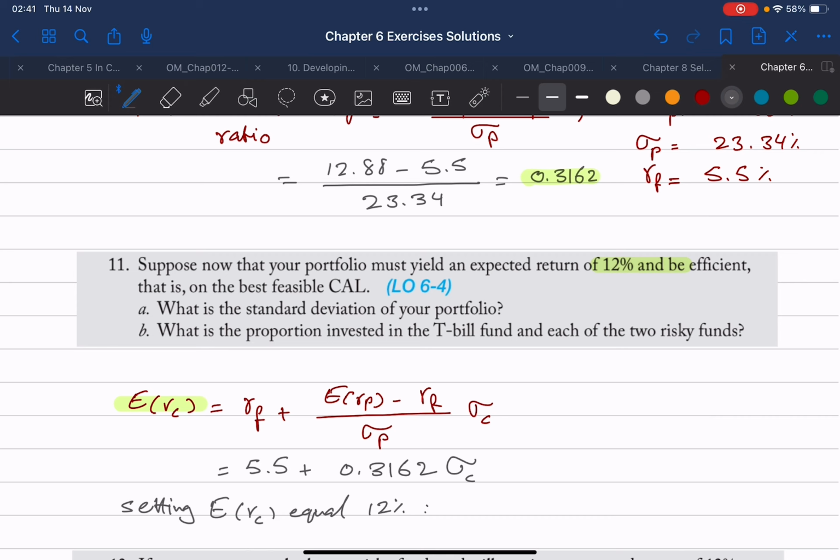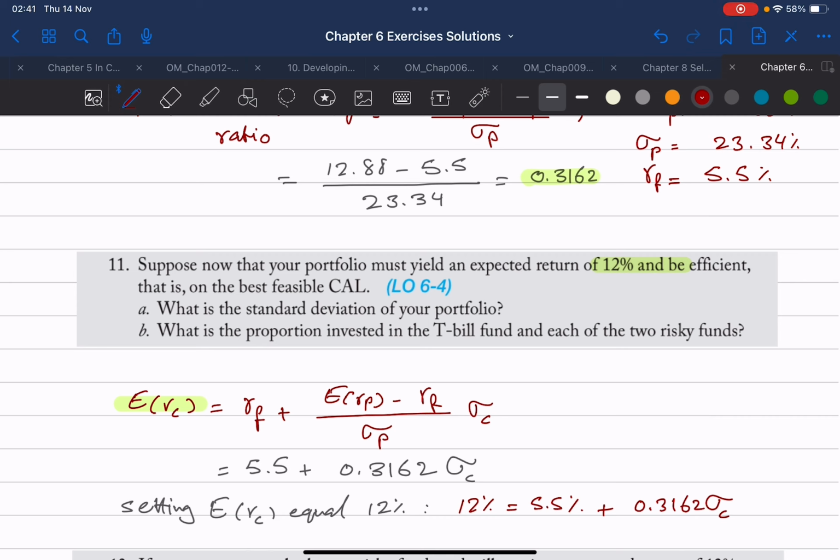Now we substitute, so we can go back to our formula and say 12% equals 5.5% plus 0.3162 multiplied by the standard deviation of the complete portfolio.